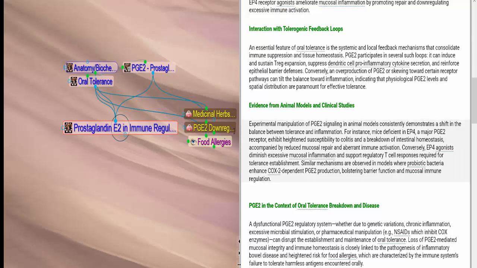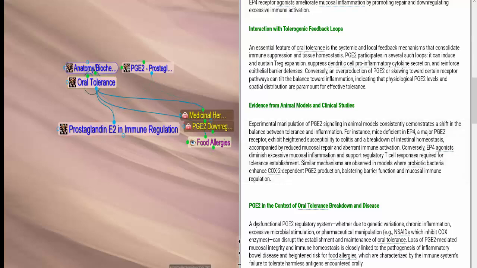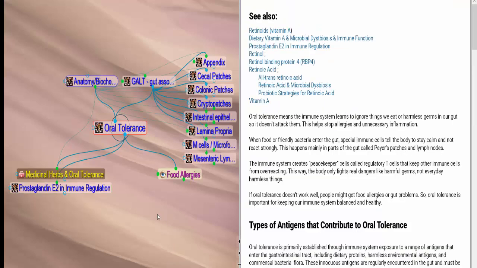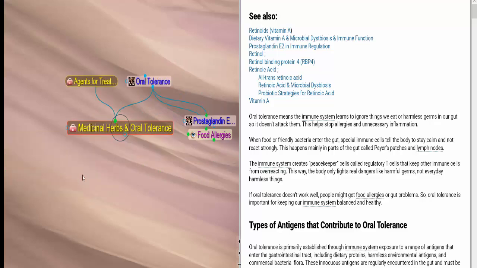And so, coming back to oral tolerance, two very important factors are having enough retinoic acid, which is a metabolite of vitamin A, and functioning prostaglandin E2 that isn't being chronically interfered with by the use of non-steroidal anti-inflammatory drugs, NSAIDs. So let's move on to what medicinal herbs might help.